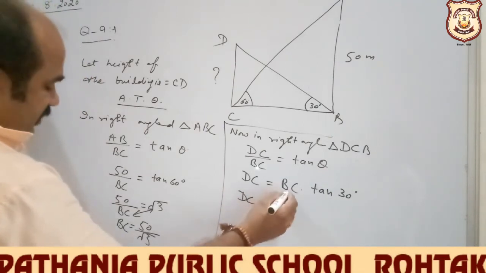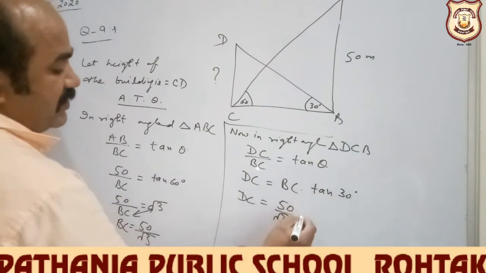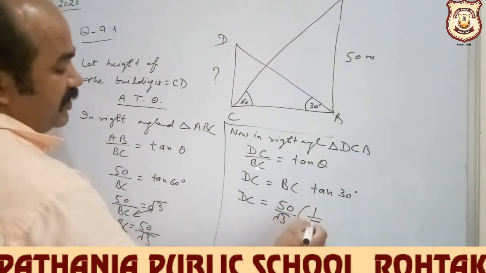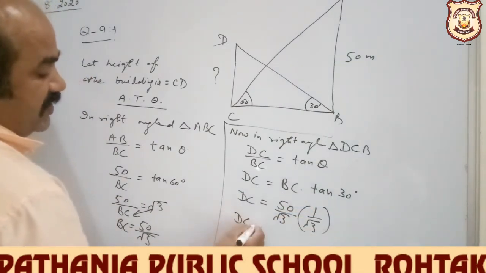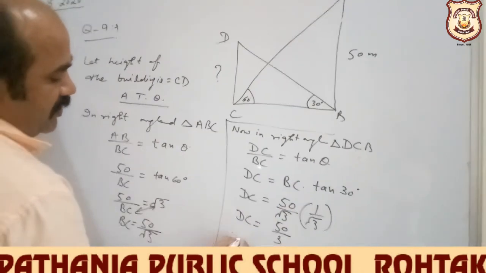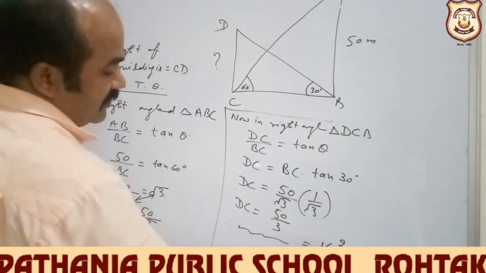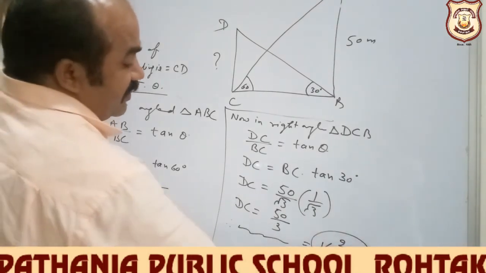DC equal BC, value 50 by root 3, tan 30 is 1 by root 3. DC is 50 by 3. Therefore required height is 16 and 2 by 3 meter is our answer.